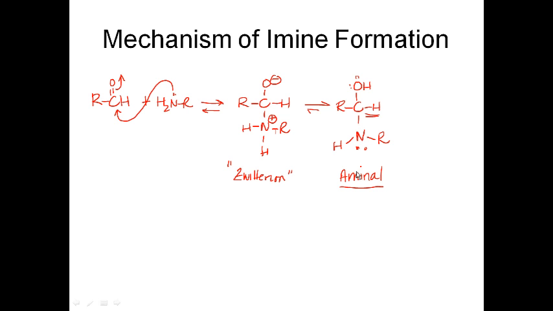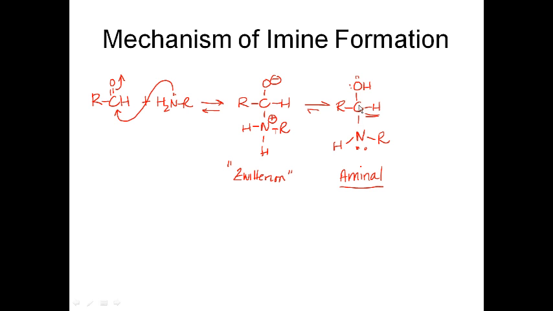So the aminal is sort of the amine equivalent of an acetal. So we make this molecule, and what will happen in this case is that because this nitrogen has a hydrogen, and the oxygen has an OH, it loses the hydrogen, so we can actually form a double bond between the nitrogen and the carbon.